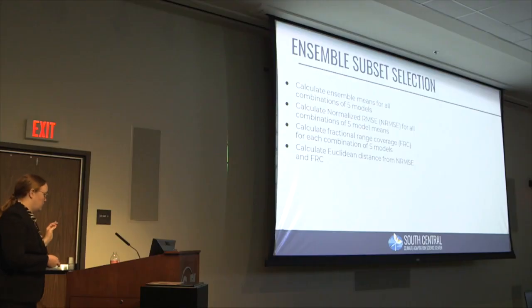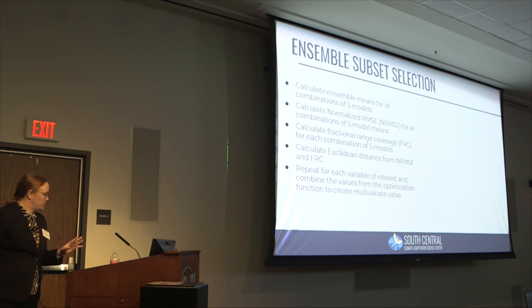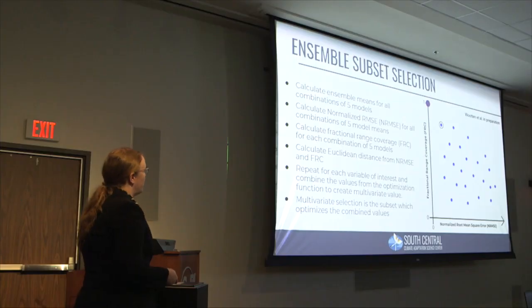And as we'll get to in a second, you repeat all of that for each variable of interest, and then you can combine them to create a multivariate distance from which you select the optimum subset to work with. Where that comes in is a simple visualization here, where each of these dots in blue is one possible combination of 5 that we might work with.